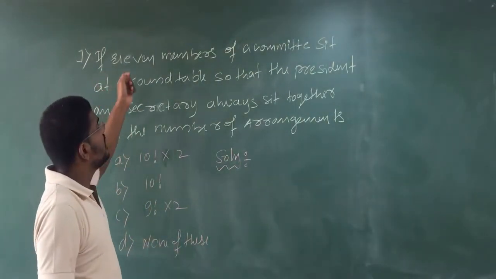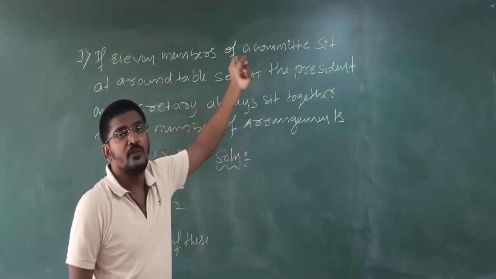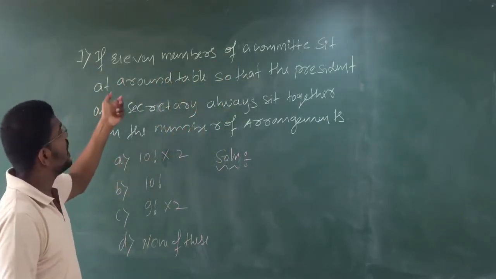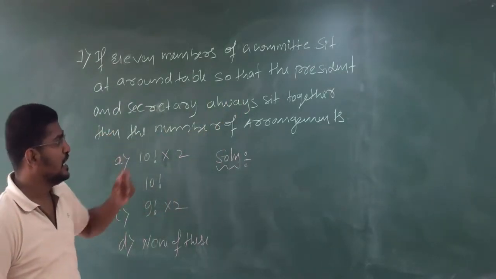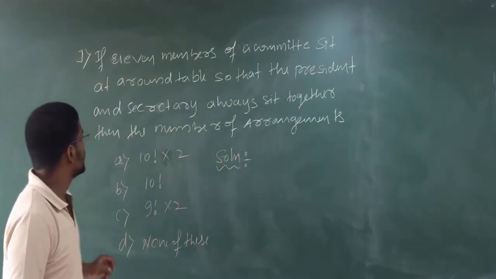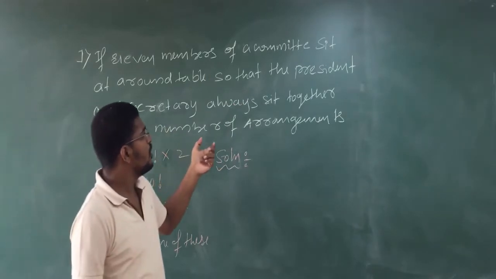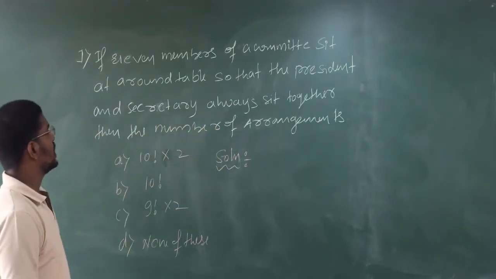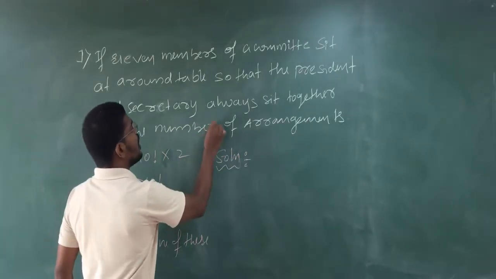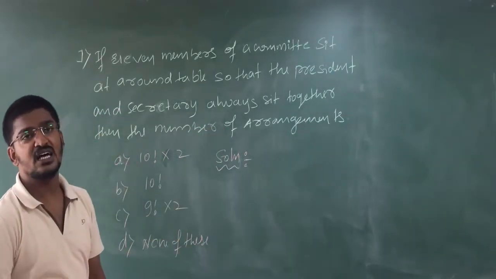The 11 members of a committee sit around a table so that the president and secretary always sit together. Then the number of arrangements is asked. Clear?